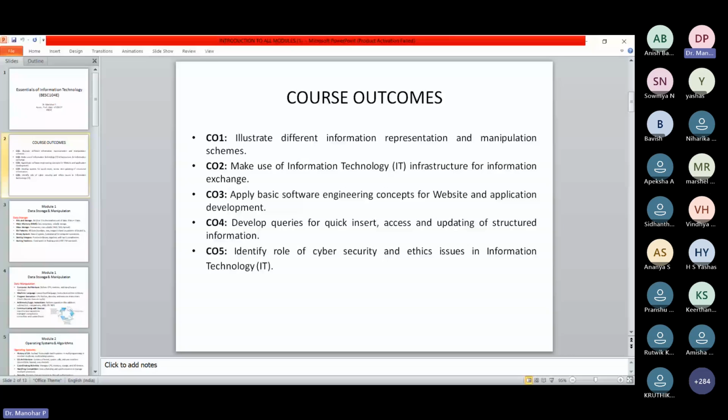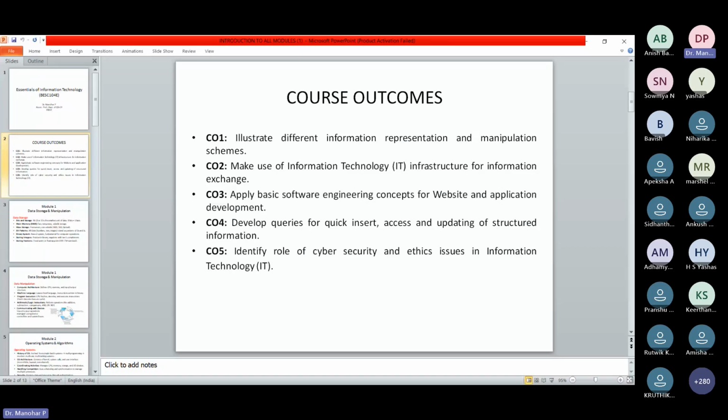So how this IT infrastructure can play a very important role in exchanging information. And course outcome 3 is how to apply concepts of software engineering to develop websites and applications.